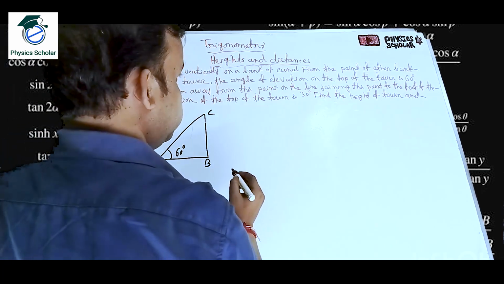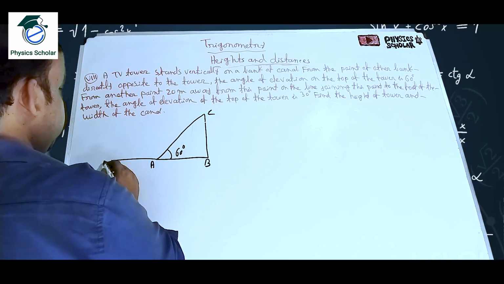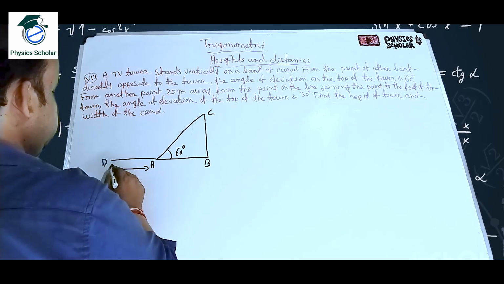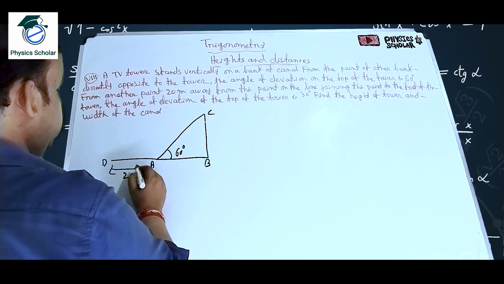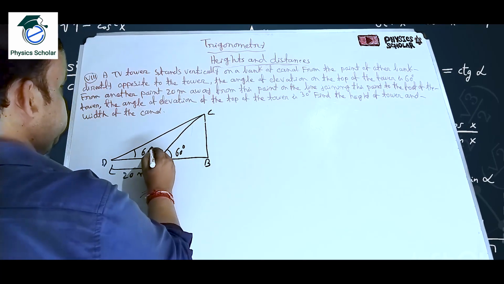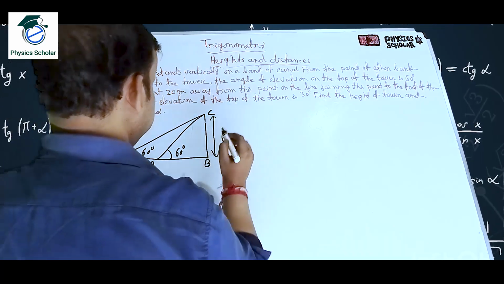Clear? Now the thing is that 20 meter apart another point is there, that is D. It is 20 meter apart, and the angle of elevation to the top of the tower from this point is 30 degree. Let the height of the tower be h meter.